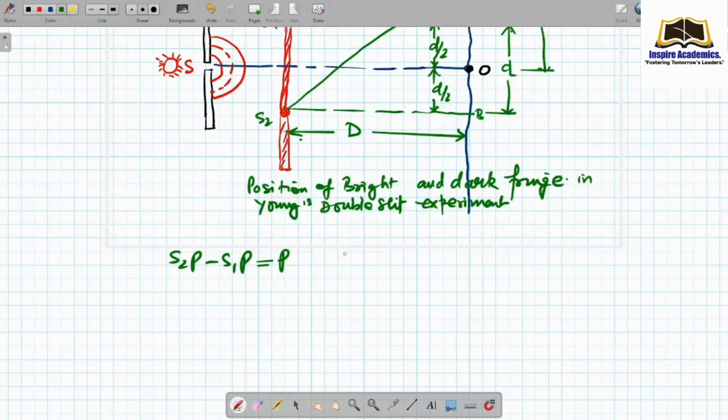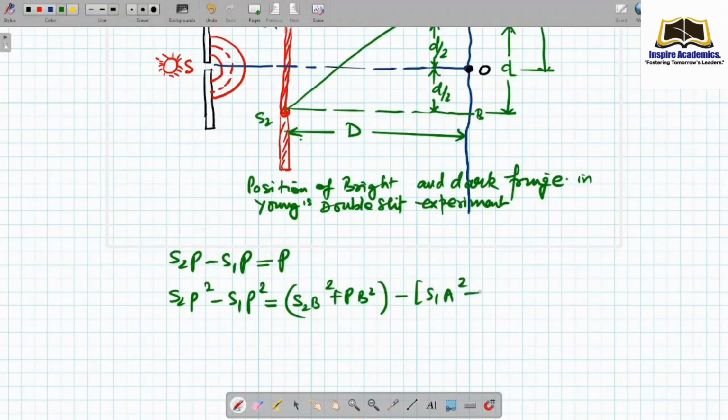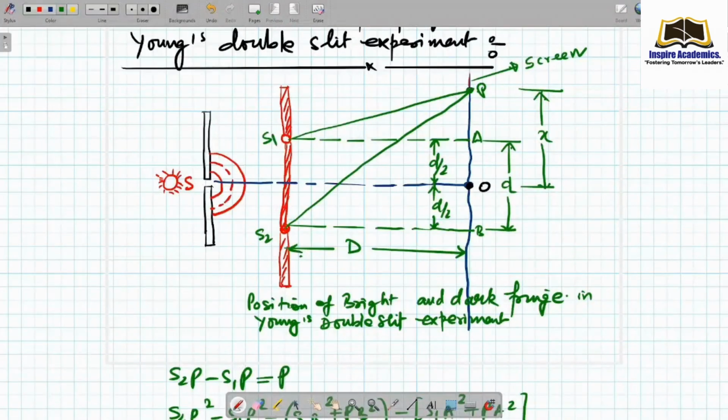Okay, so if I say S2P square minus S1P square, then I can definitely write it as S2B square plus PB square, and then minus S1A square plus PA square. Can you connect it with this?